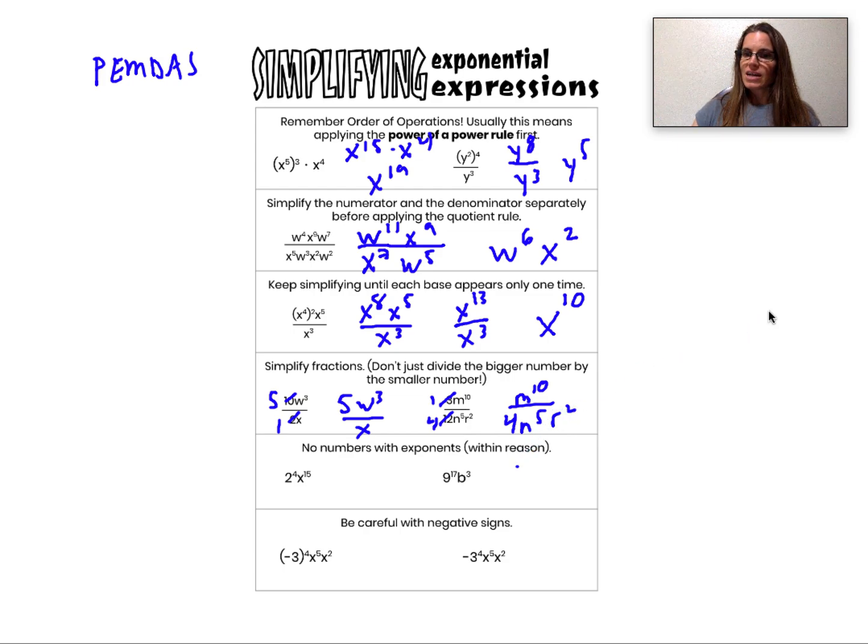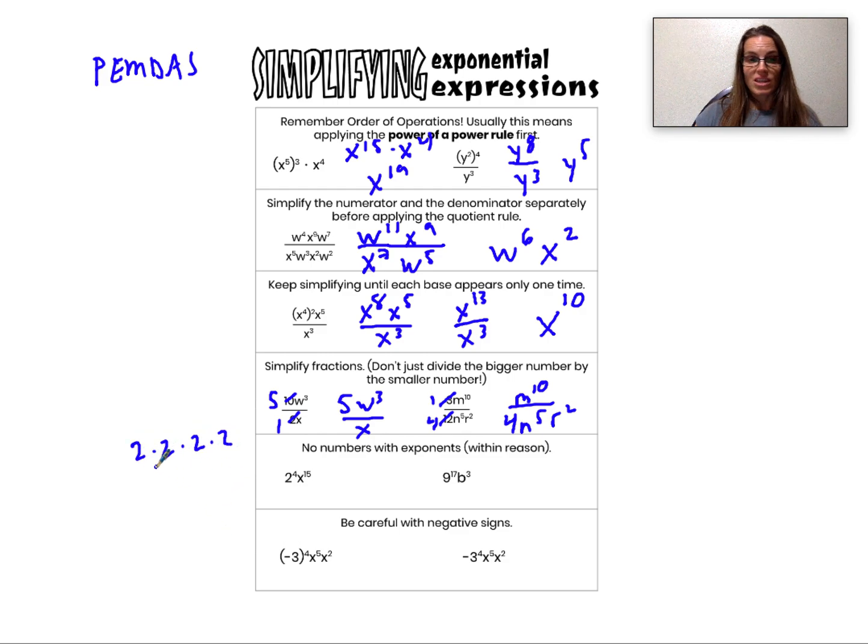Now, this is a kind of a subjective little expectation here. No numbers with exponents within reason. So we wouldn't want you to keep your final simplified answer 2 to the 4th x to the 15th, because 2 to the 4th is a reasonable power to calculate the value of. 2 to the 4th, 2 times 2 times 2 times 2.